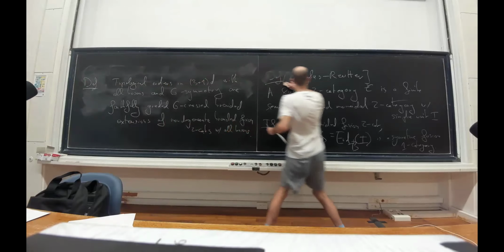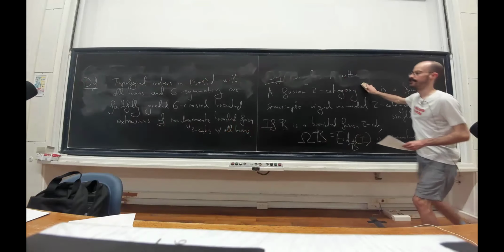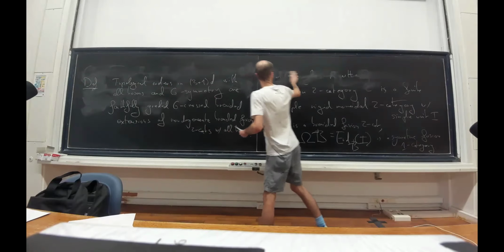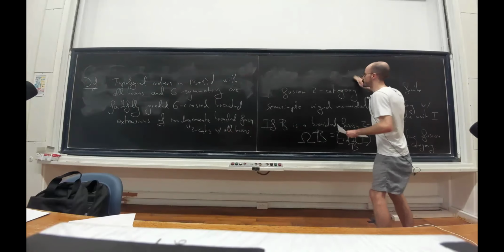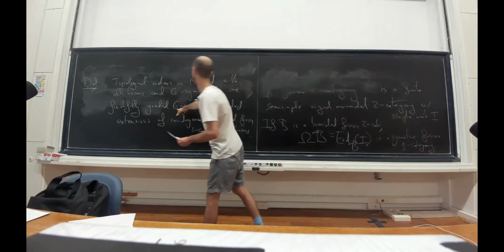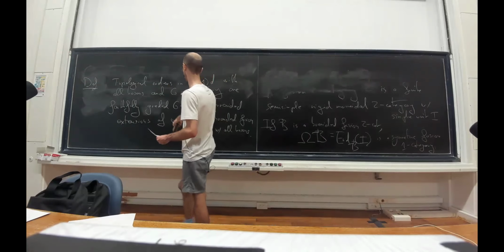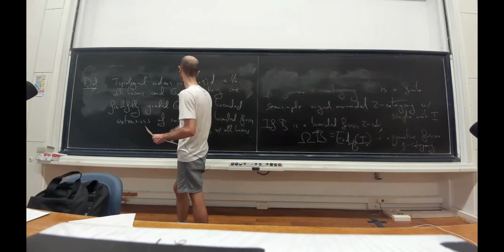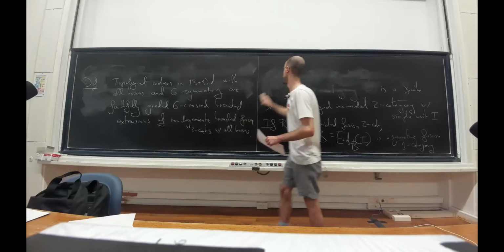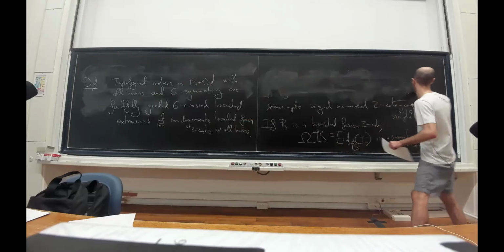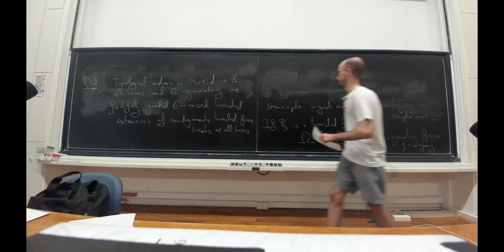For those of you that have never seen a G-crossed object, I will not give a definition, but what you should know is that these things have both a grading by the group G and an action by the group G, and some other stuff.